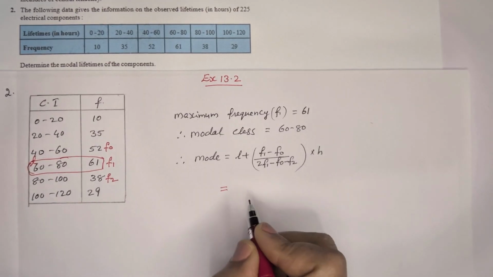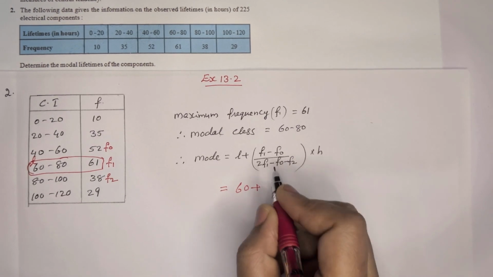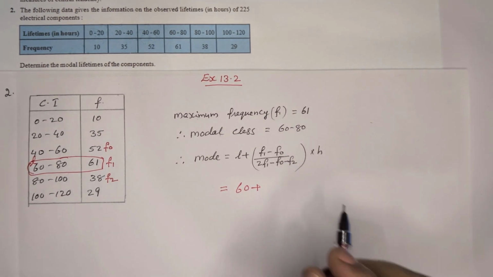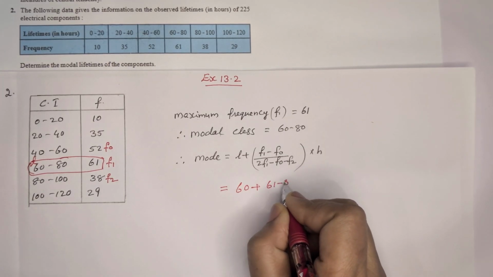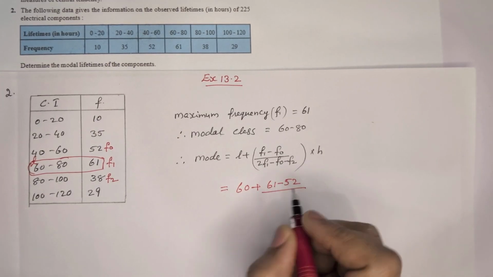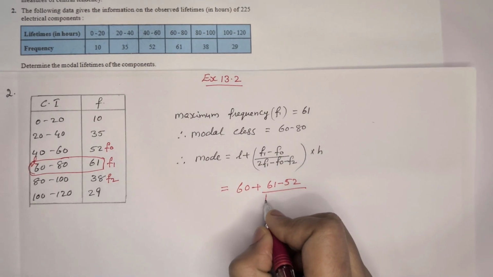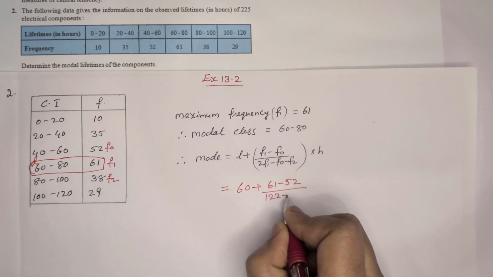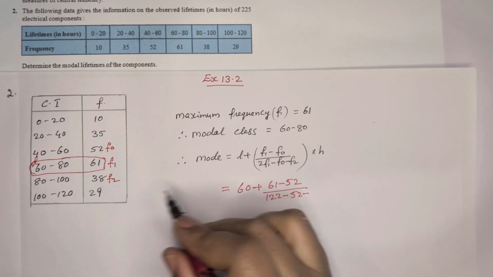So when we are putting the values here, L is 60 plus F1 minus F0, 61 minus 52, divided by 2 into F1, 122, minus F0, 52, minus F2, 38.